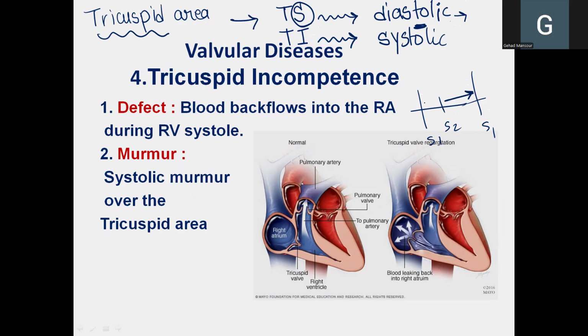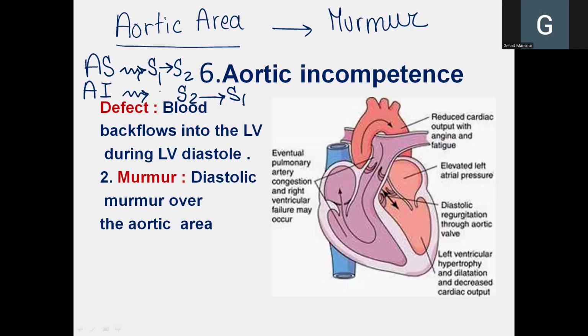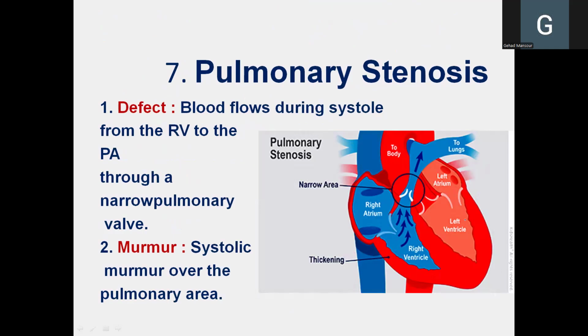If it is systolic, then it is between S1 and S2. Of course, the same applies to the mitral valve, and I will not be repeating this, but you can make a summary for the valvular diseases and make sure you understand the hemodynamics.